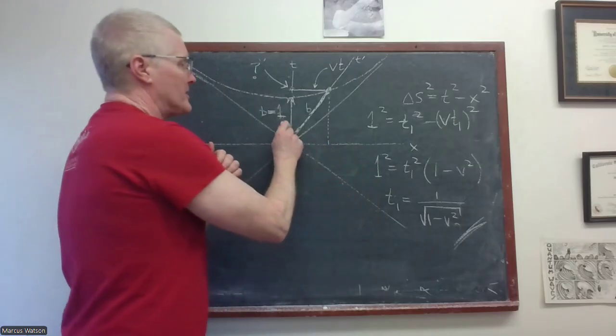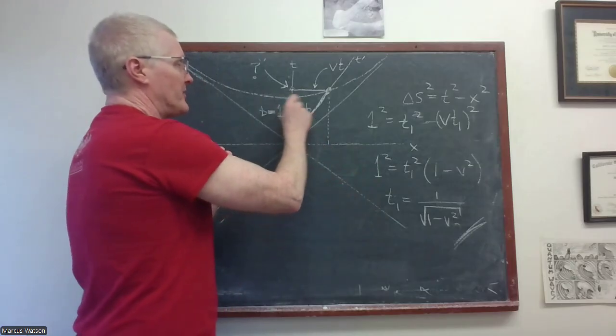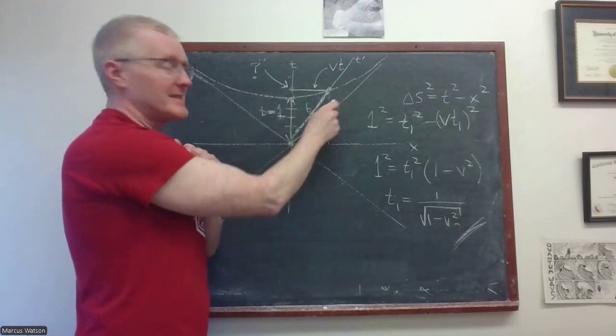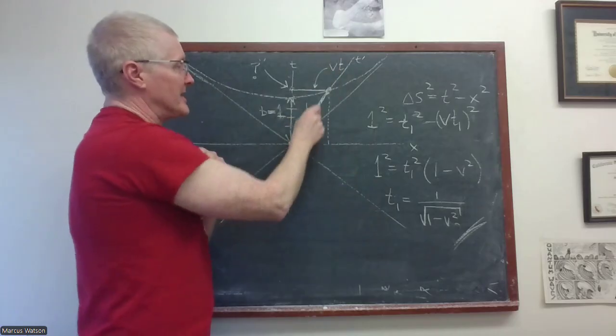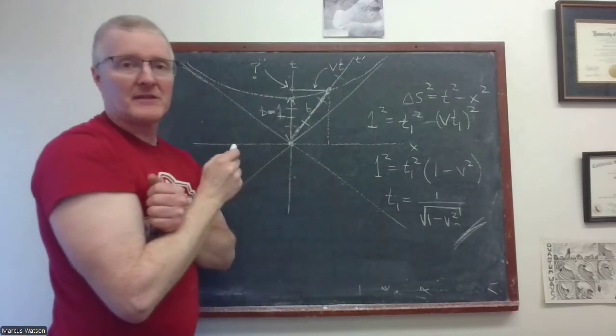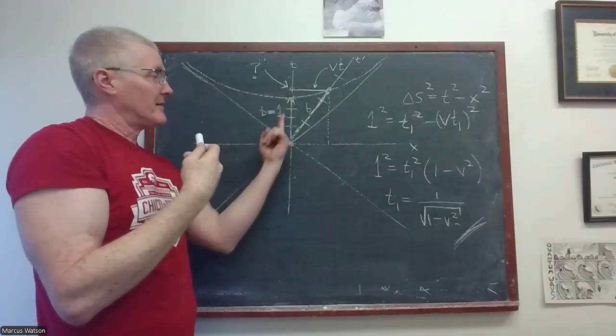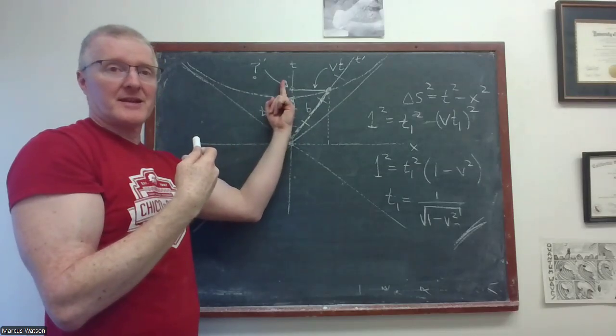So if I mark out hash marks on this axis as being that, I'm going to mark out greater distances along the time axis to indicate time, because their time is dilated according to me here in the t-axis, in the xt frame.